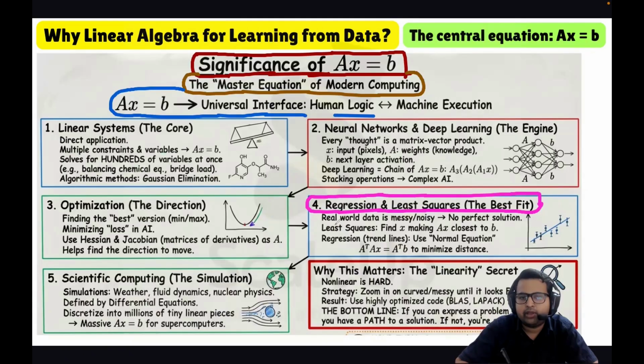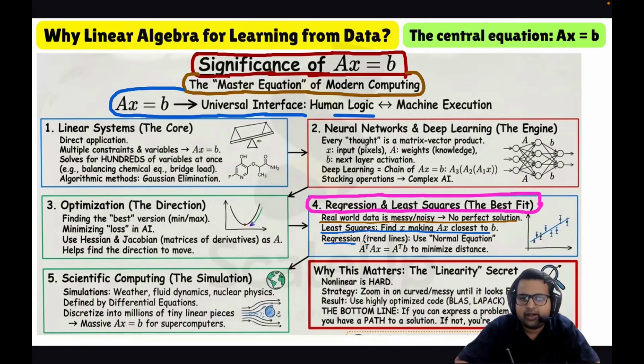Rather, we will be going for the best fit. So least squares is a technique to find X, making Ax closest to B. So least squares is a method of determining the unknown X. When we multiply it with A, we get not exactly equal to B, but close to B.